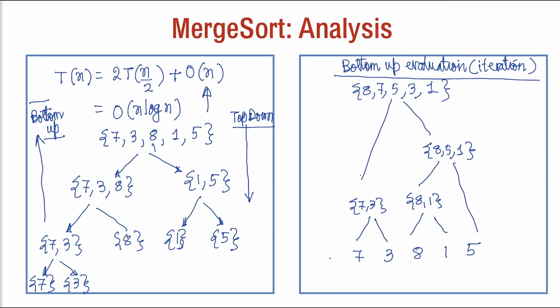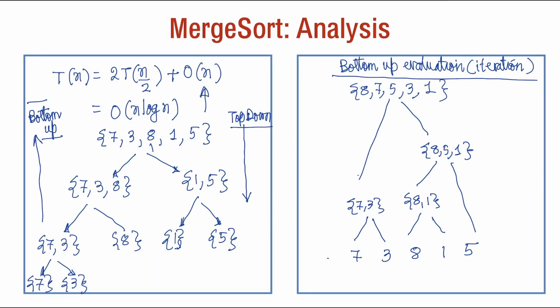We apply two loops. One loop where we do it for every level, and one loop where we go from bottom to top.